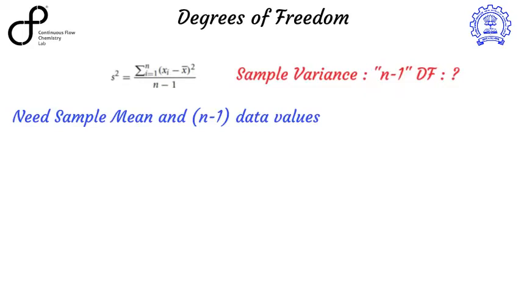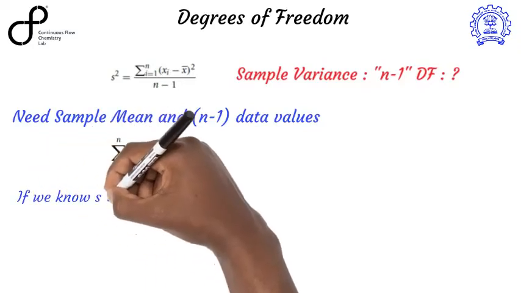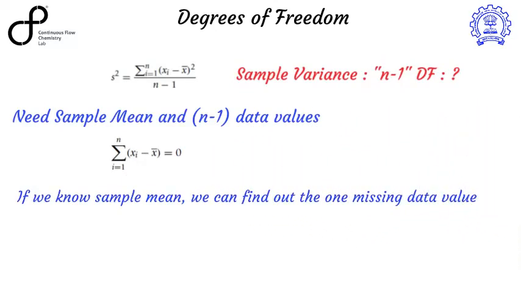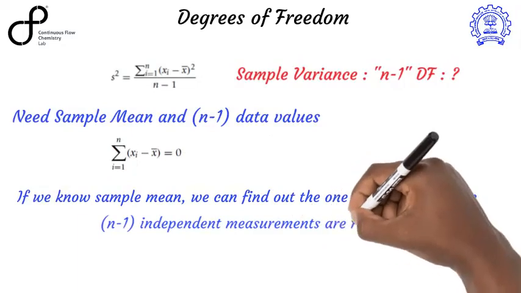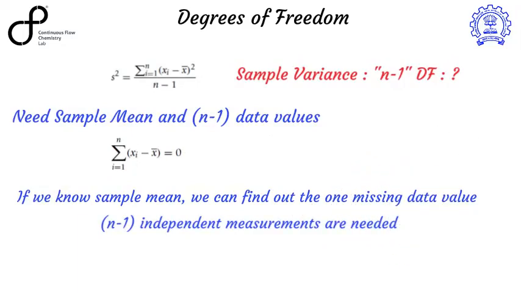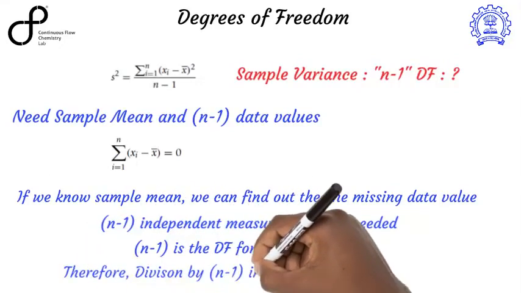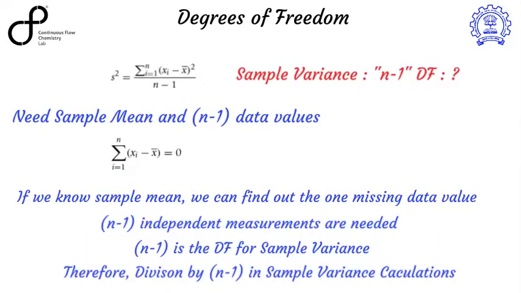This is because the one missing value can be determined if we know the sample mean. Do you know how? Remember the property of sample mean, wherein the sum of the deviation from the sample mean is 0. Therefore, we need only n-1 measurements if sample mean is known. Therefore, the degrees of freedom for sample variance is n-1.